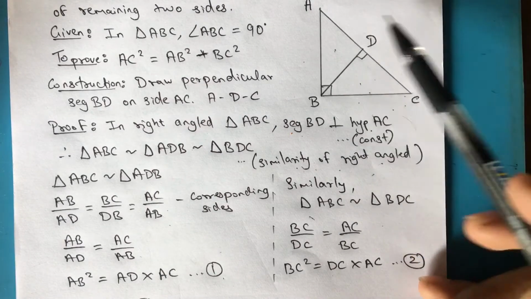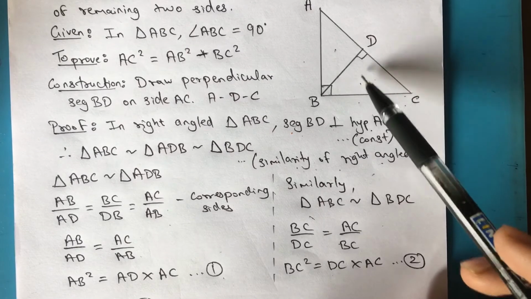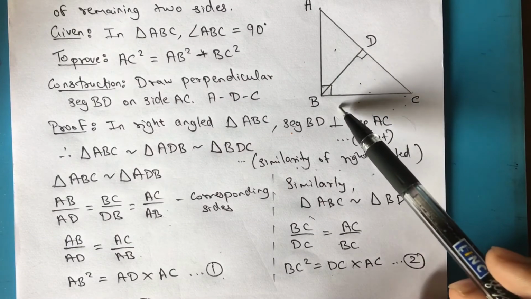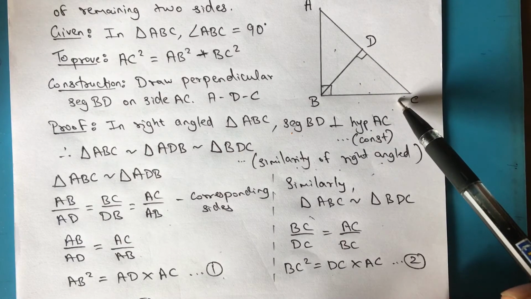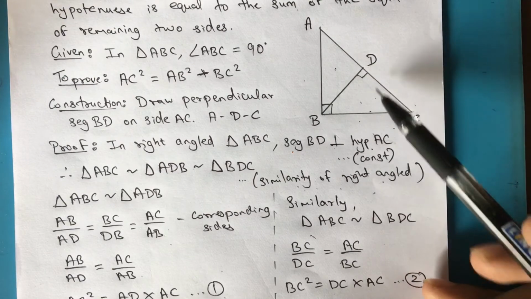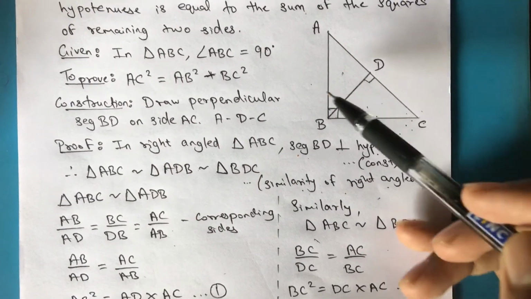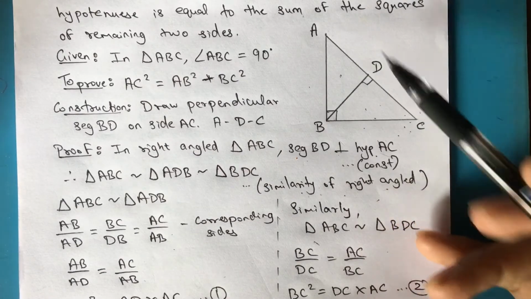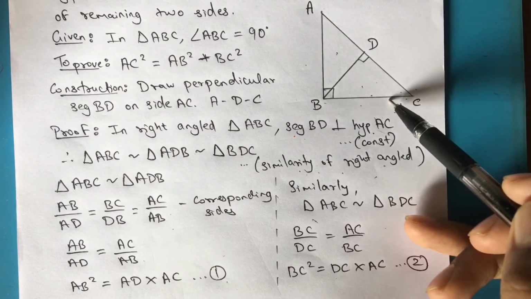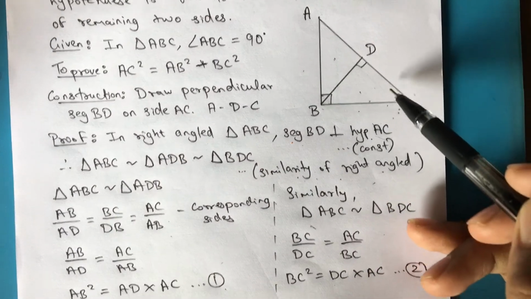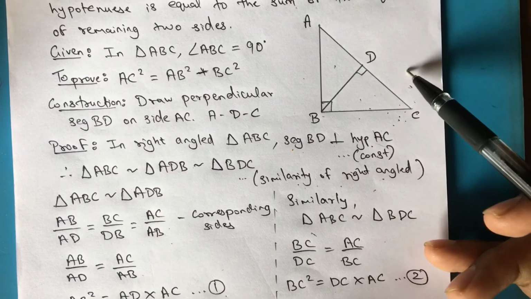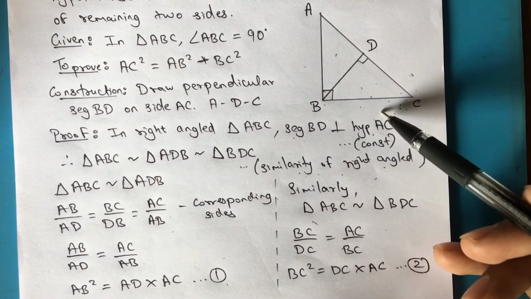Similarly, if we take this big triangle ABC and the second triangle BDC, then we get BC upon DC equals AC upon BC. BC is the hypotenuse of the smaller triangle, and AC is the hypotenuse of the bigger triangle.